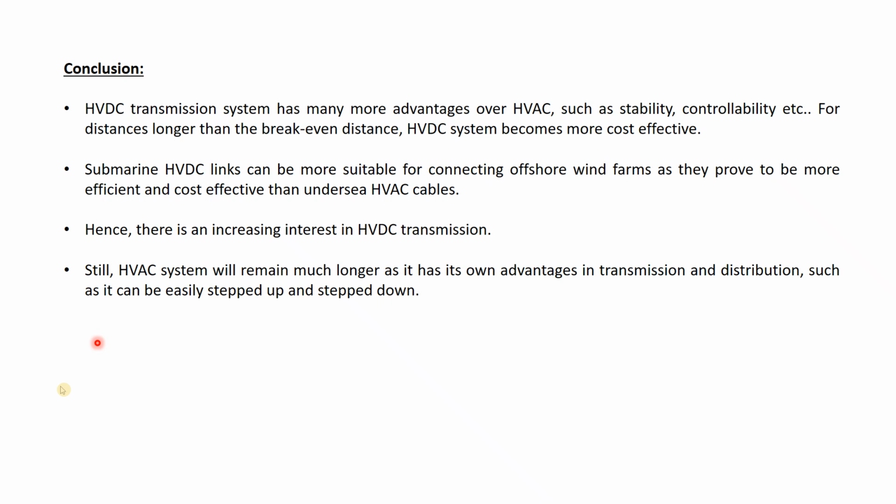Hence, there is an increasing interest in HVDC transmission. Still, HVAC will remain for much longer, as it has its own advantages in transmission and distribution, such as that it can be easily stepped up and stepped down.